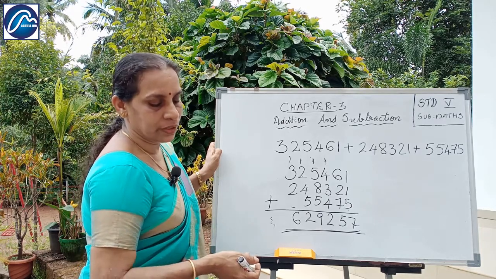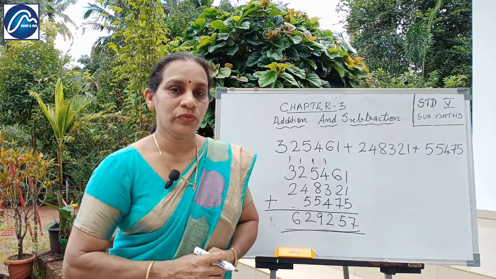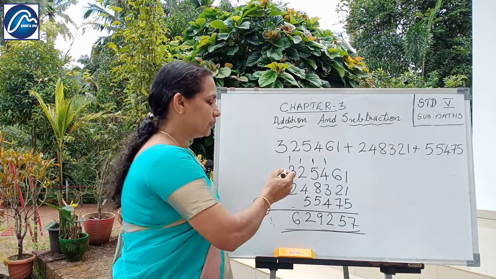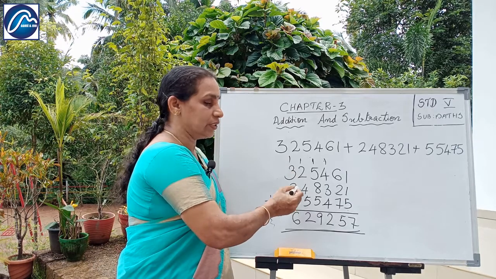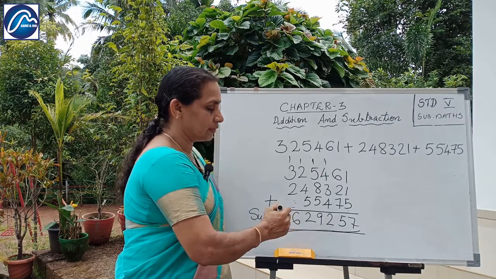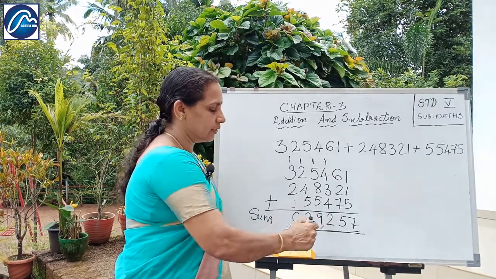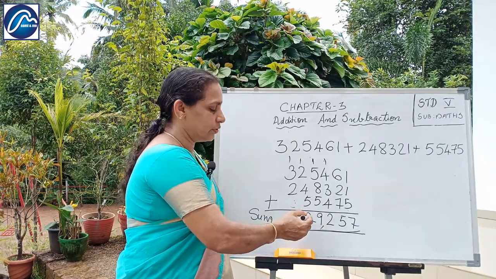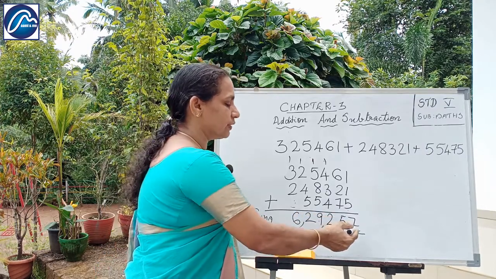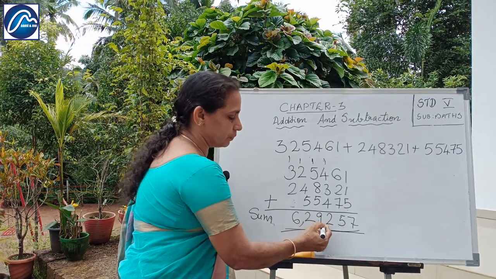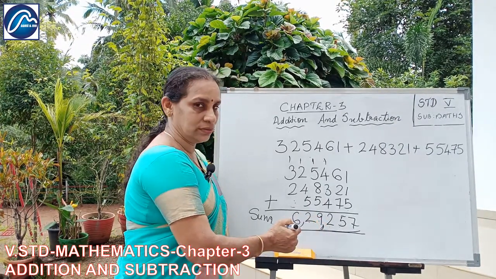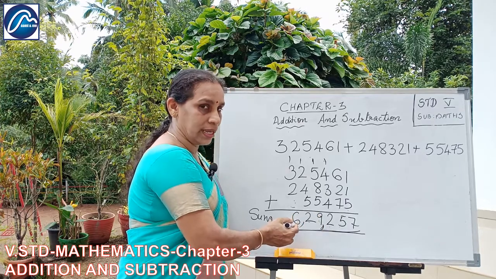Now let us do one subtraction also like this. These are the numbers which we added, and the sum is, what is the sum? The answer is 6,29,257. The ones, tens, hundreds you will keep apart, thousand and 10,000 another group, and lakh is another group.